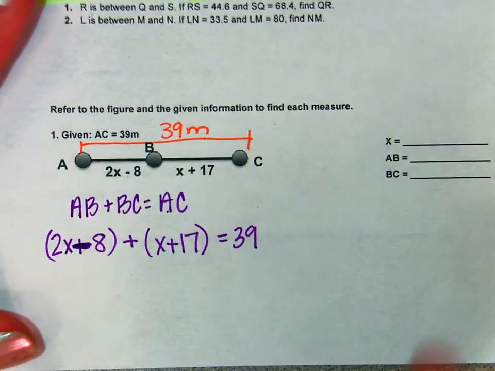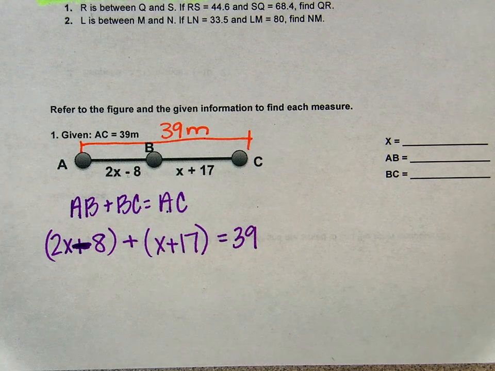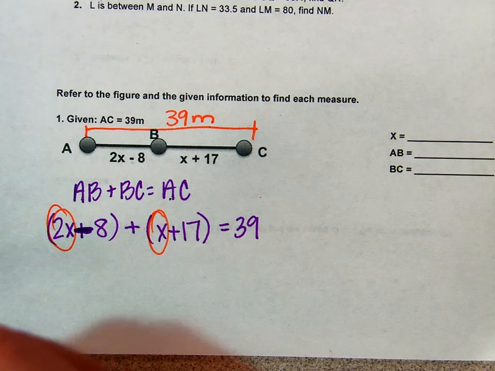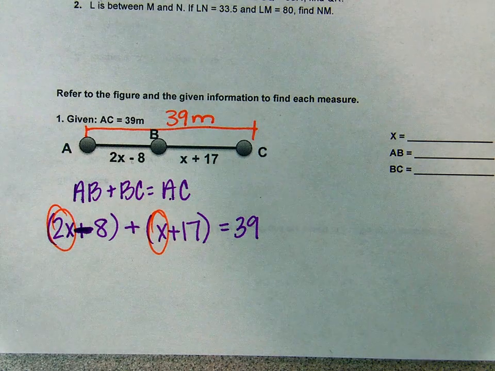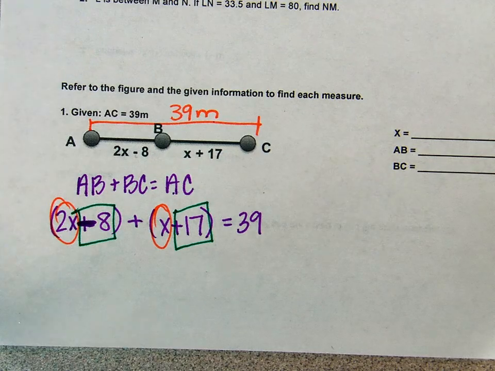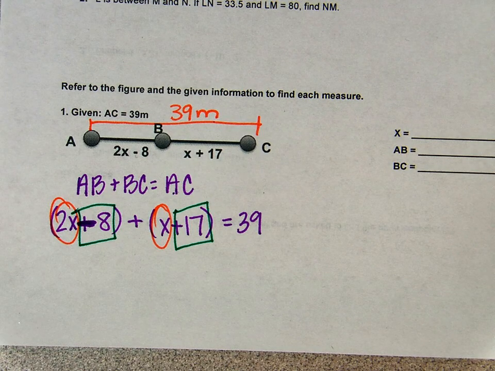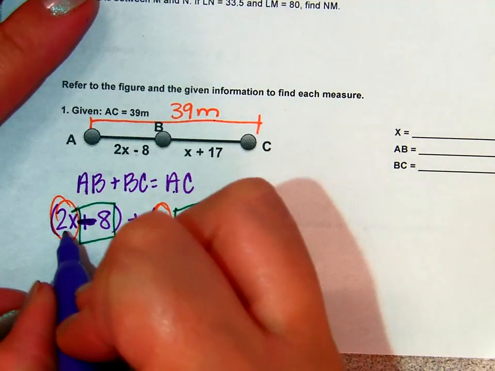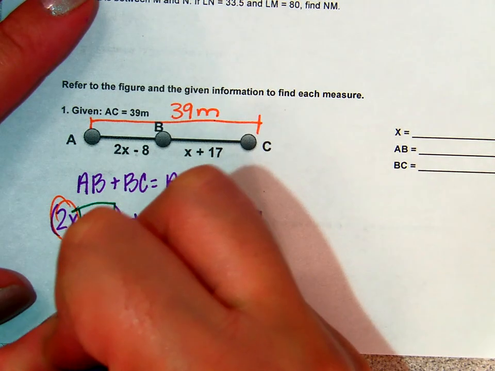So we're going to combine like terms. I'm going to circle all my x's and box all the constants so I know what I'm adding together and what I'm avoiding, because now we're going to solve for x. So 2x plus x is a 3x.